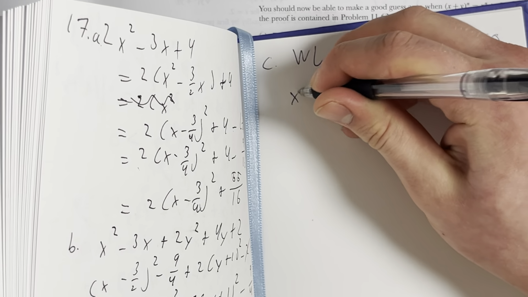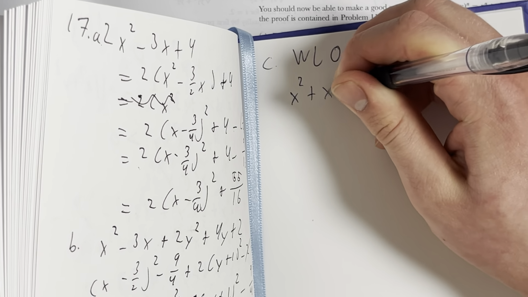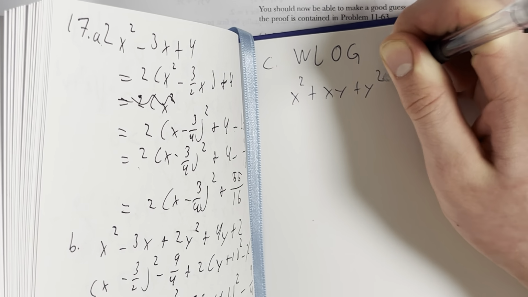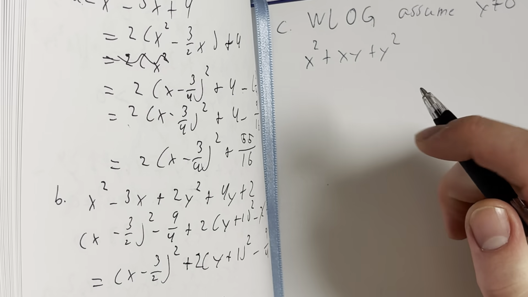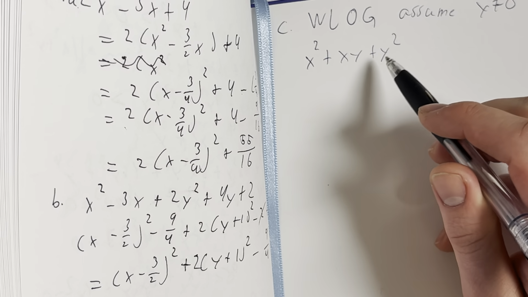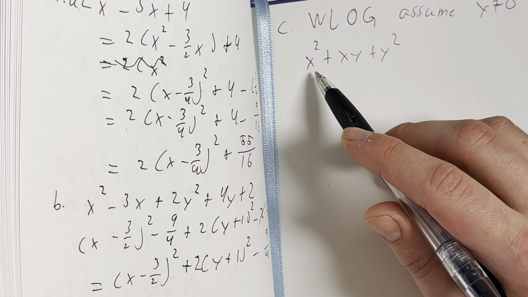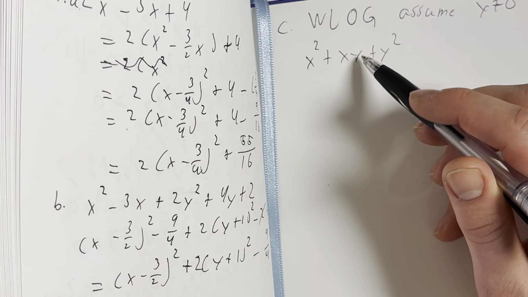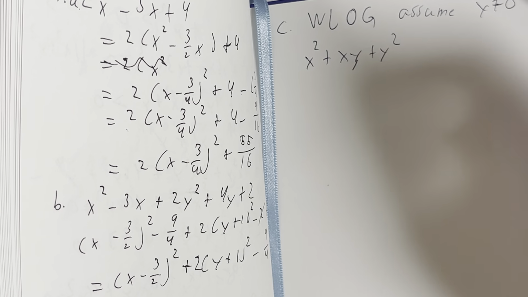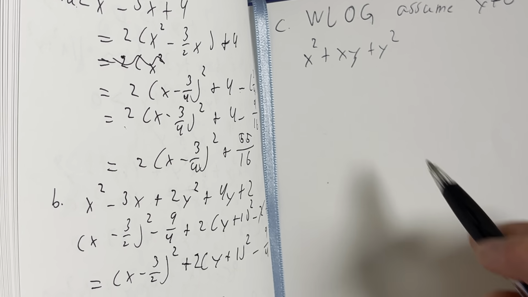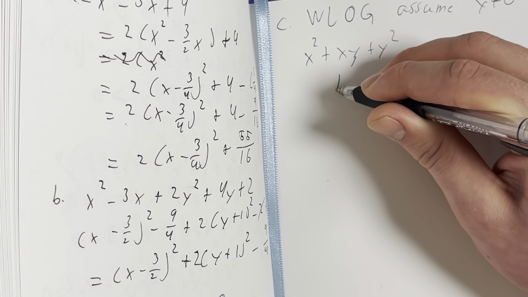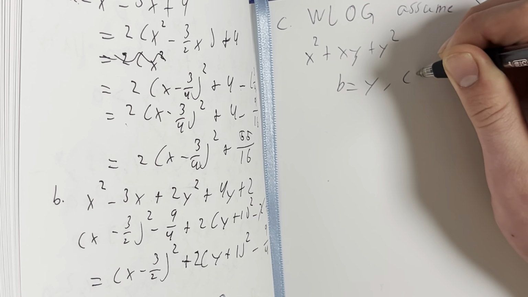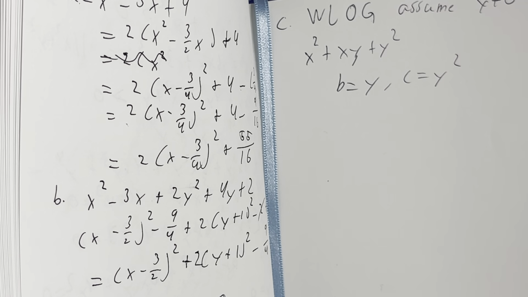And okay, we have this equation x squared plus xy plus y squared. And we can think of x as the x and of y as like the constants a and b, for example. And thus what I mean by this, that in this case b is equal to y and c is equal to y squared, you know.